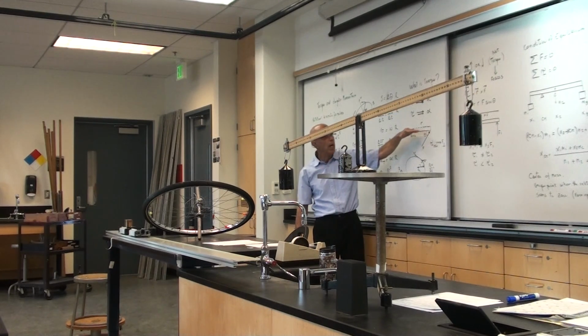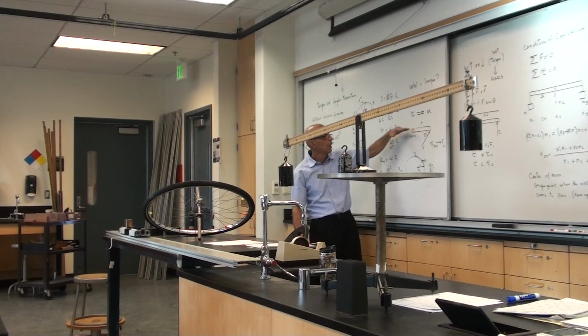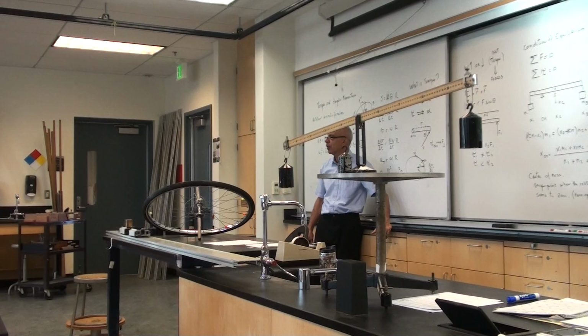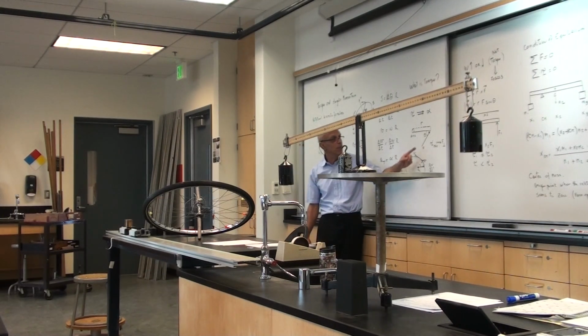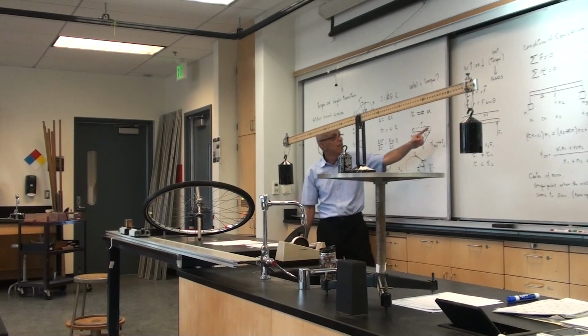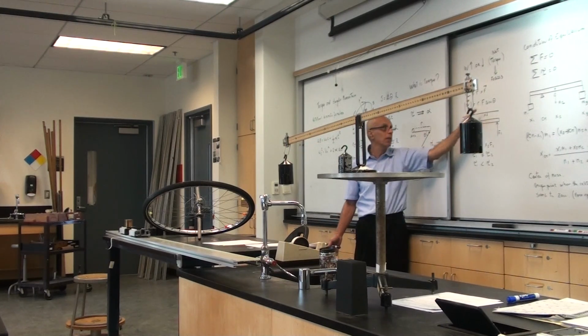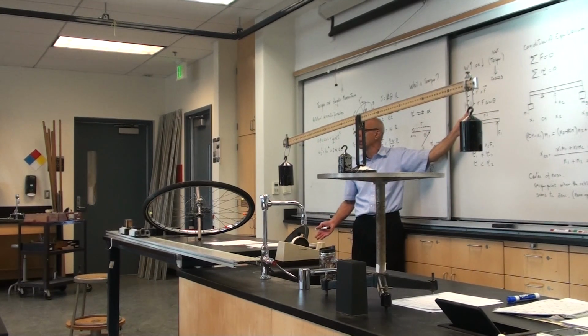What happens if I apply a force in this direction? Is there a torque? No, right? Why? Because the sine of 0 is 0, so that makes the torque equal to 0.